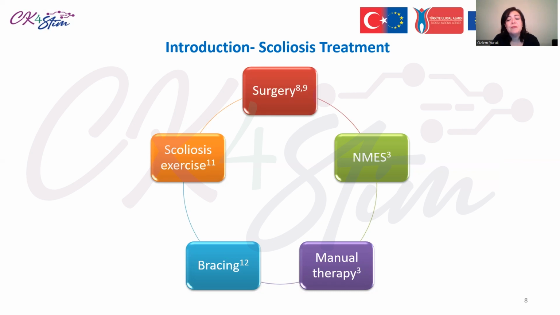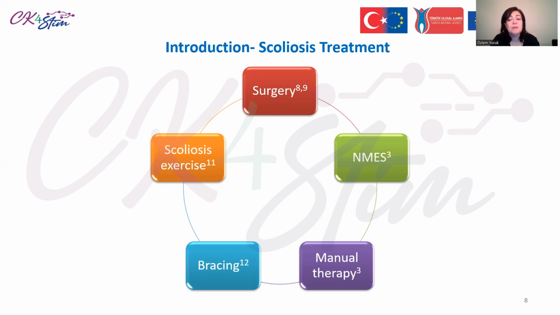Scoliosis is a three-dimensional deformity, so the treatment should also be considered in three dimensions. Schroth, Lyon, Scientific Exercise Approach to Scoliosis, Side Shift, Barcelona School of Scoliosis, and Functional Individual Therapy of Scoliosis are the most known treatment approaches.